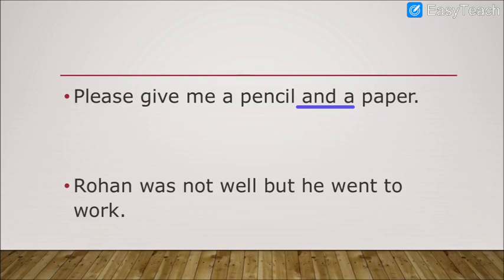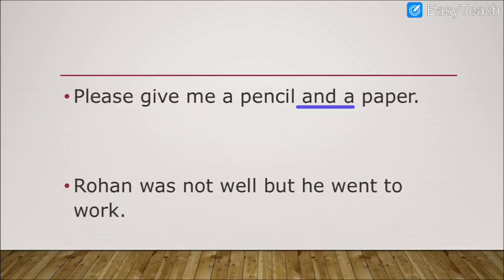In or, we are talking about two things but we have to choose any one. Here when we use and, we are talking about two things and we want both. Right? I need a shirt and a pant. I need a tie and a shoe. So when we need both the things, we use and. Rohan was not well, but he went to work.